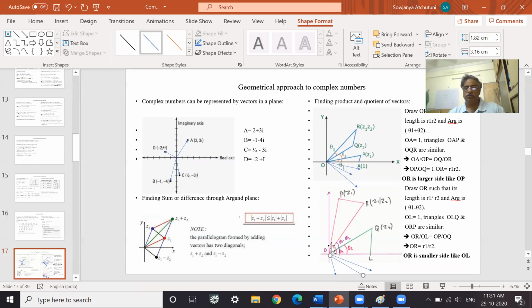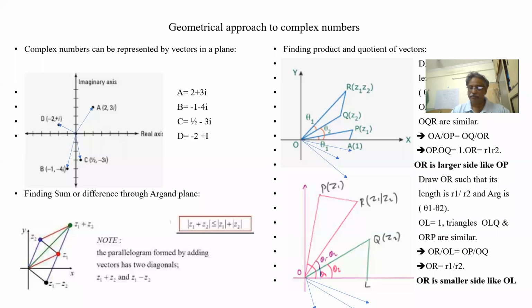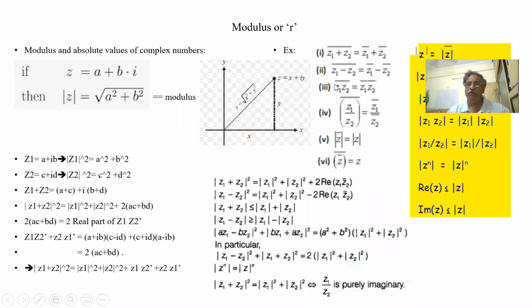So the same principle is applicable. If I do A plus BI for Z1 and C plus DI for Z2, and do the calculations in this partition also, I'll get the same value for these two.